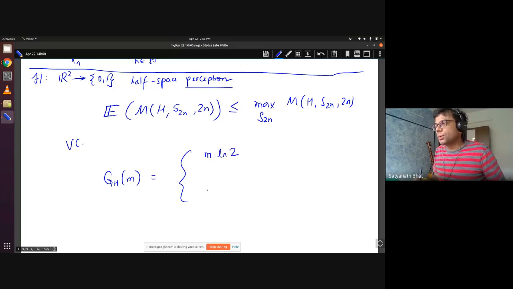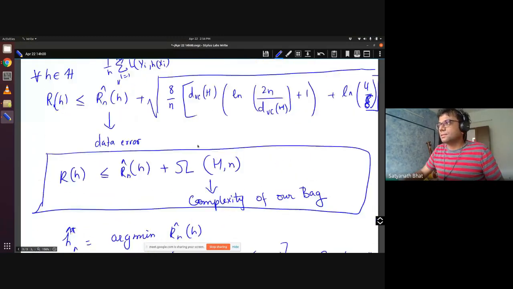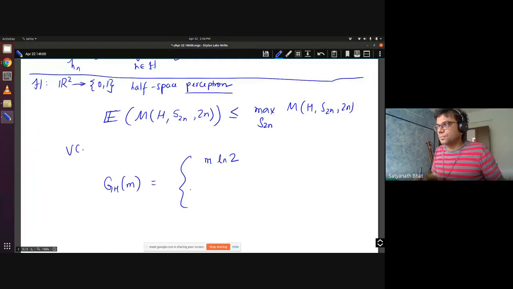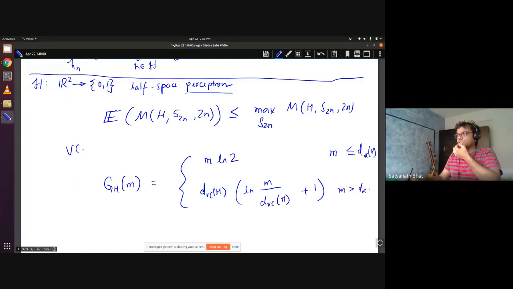In the other region, you have M ln M over dVC of H plus 1. The first is for all M less than or equal to dVC of H, and the second is for M greater than dVC of H.